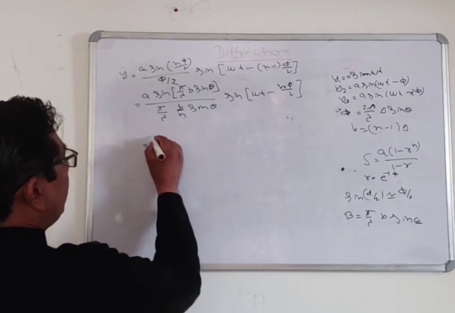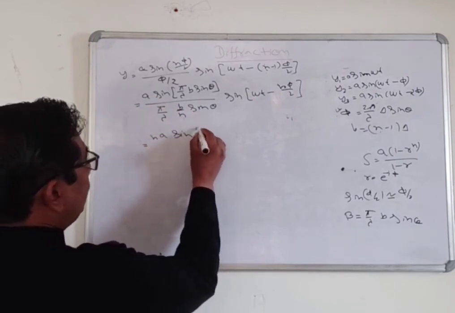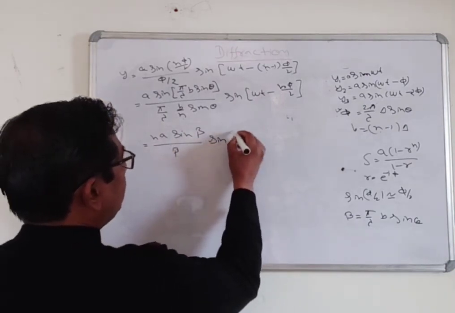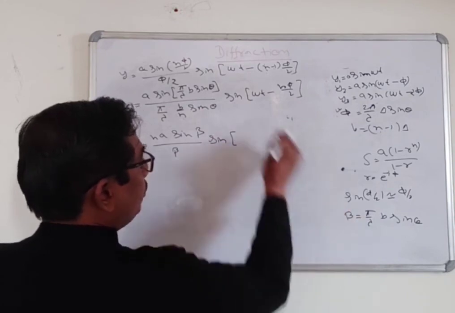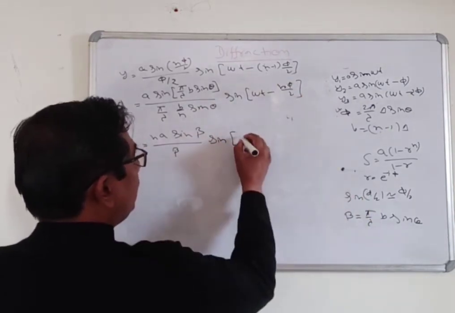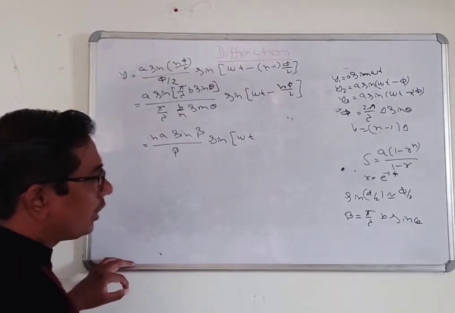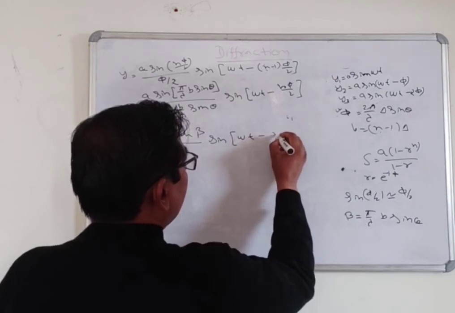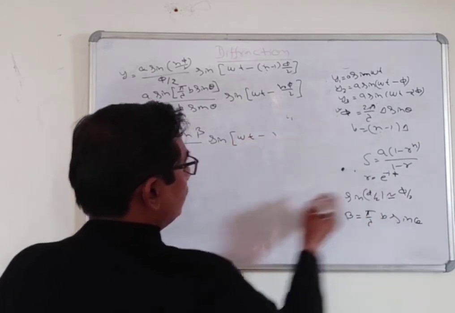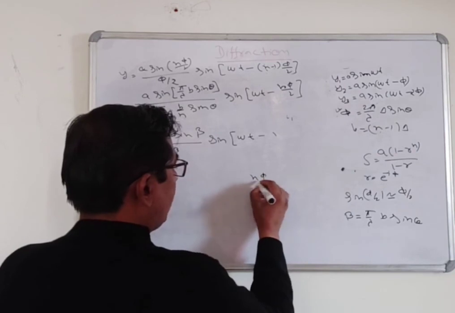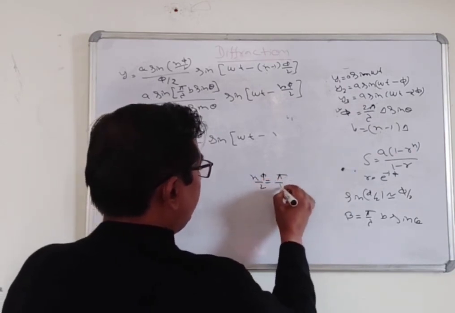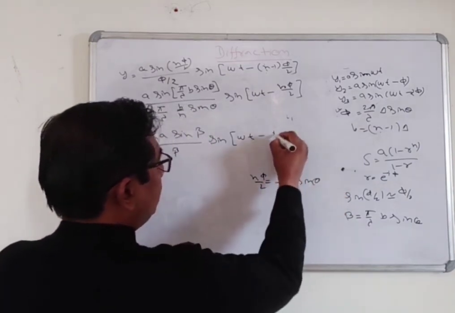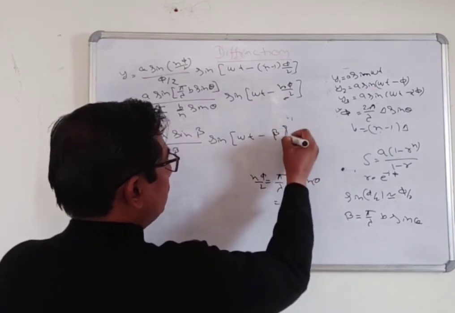Here it will be n a sine beta divided by beta, and the sine of omega t minus, you know that n phi by 2 is equal to pi by lambda b sine theta. It will be equal to beta, that will be beta, this portion, like that.